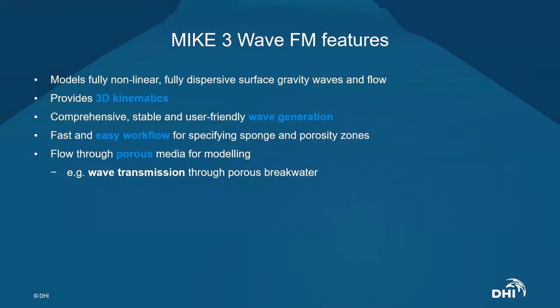Sponge coefficients you are interested in doing quickly because you need those to dampen some of the unwanted reflections from your domain. Porosity zones are mostly wanted in cases where you have some of these porous breakwaters, and also in cases with submerged breakwaters, or if you want to model steep wave walls or scenarios like that.